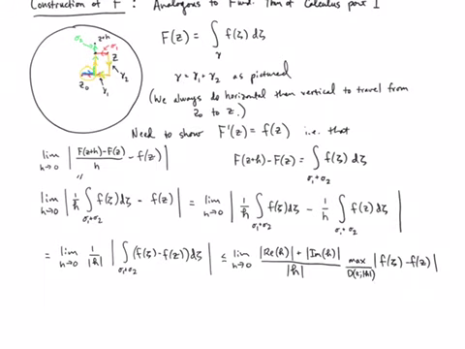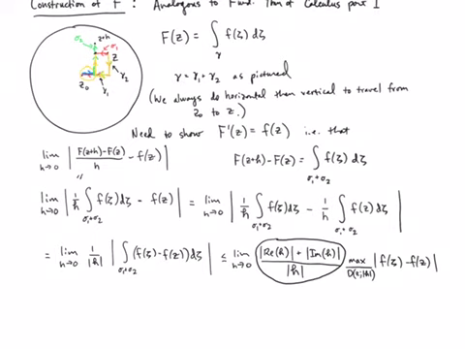Now, the real part of h is no worse than the length of h, and the same with the imaginary part, because this is just a right triangle. The non-hypotenuse sides of a right triangle are always less than or equal to the hypotenuse.